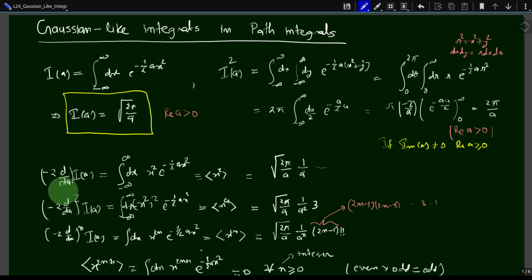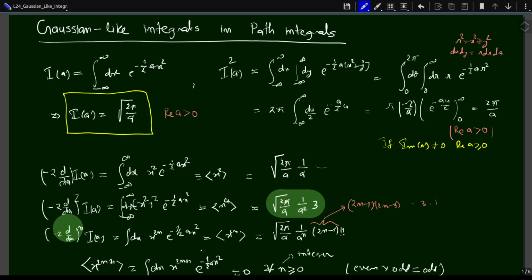And when I apply this operator twice on I of a, that brings me 2 factors of x square. So that is just the expectation value, or the average value, of x to the power 4. Applying this twice on this expression, taking the derivative, gives me this expression over here.